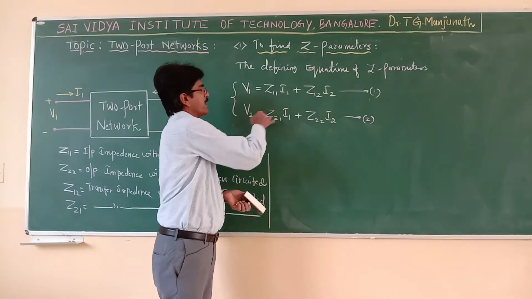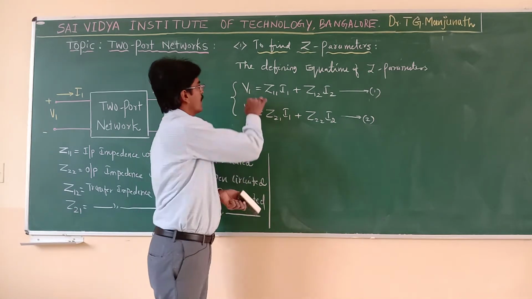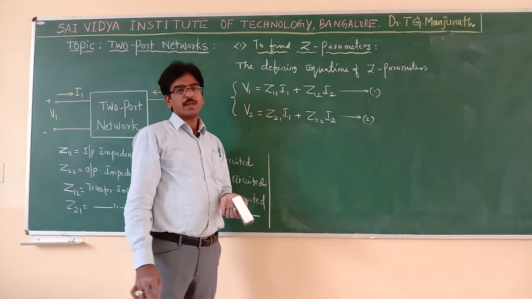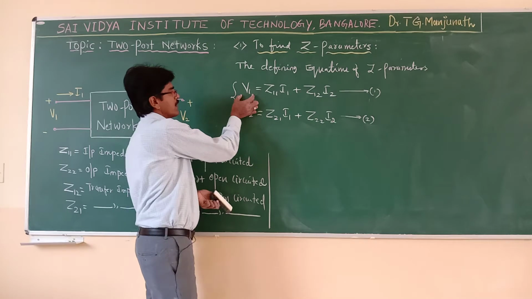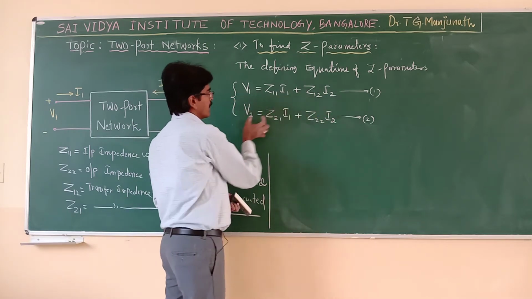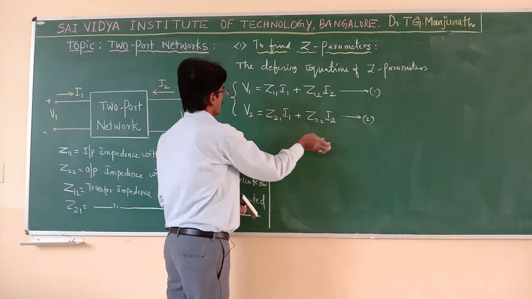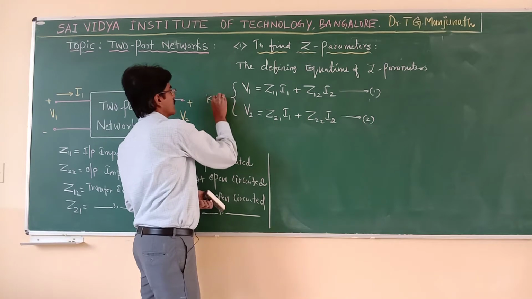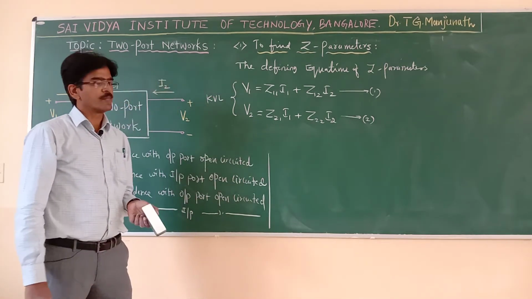If you see the defining equations of Z parameters, both are voltage equations. This voltage equals this voltage plus this voltage; this voltage equals this voltage plus this voltage. That means it is nothing but KVL, a voltage equation.